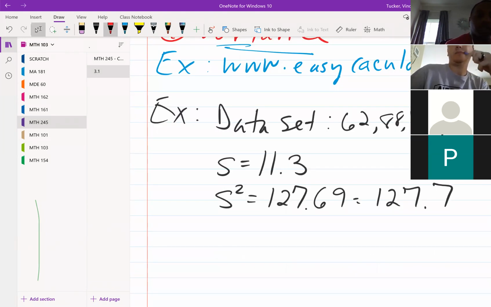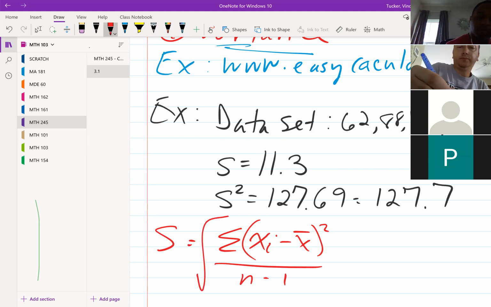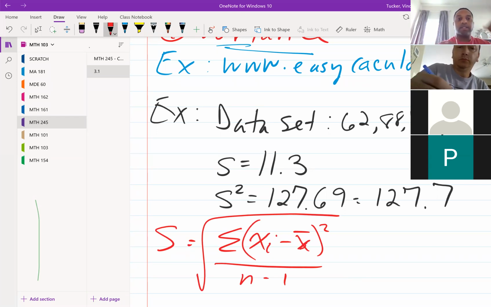Just to give you a heads up or an idea of what I mean, the standard deviation formula is, so that's your sample standard deviation formula. It's more of a process. When you're looking at this right here, that's sigma.